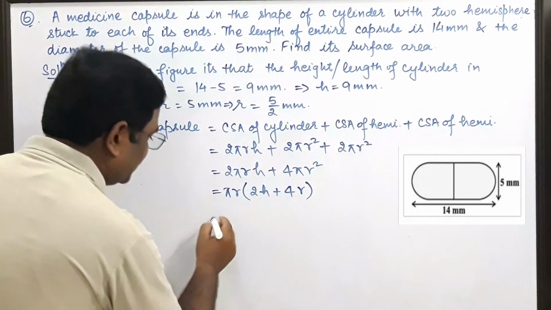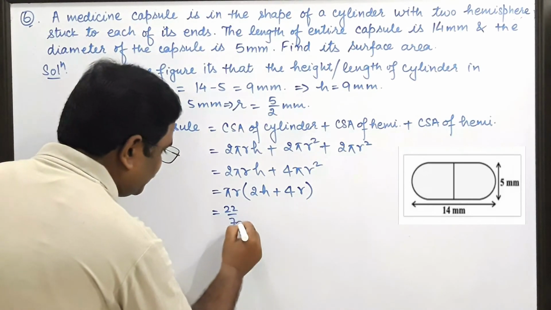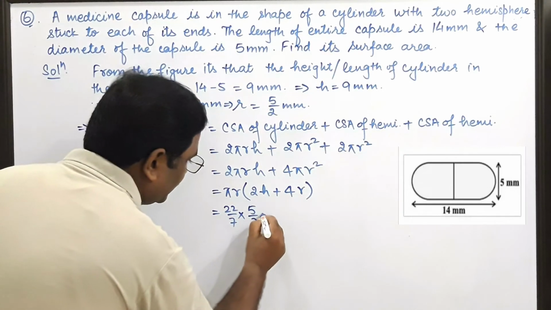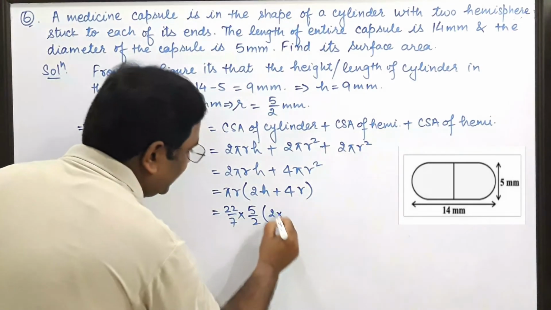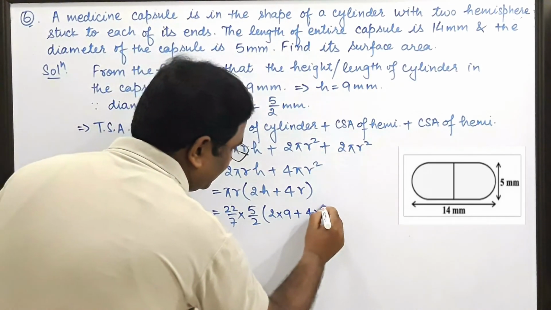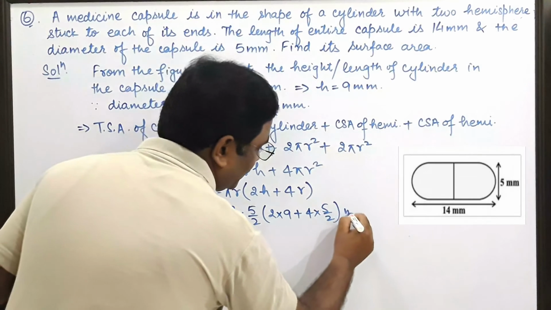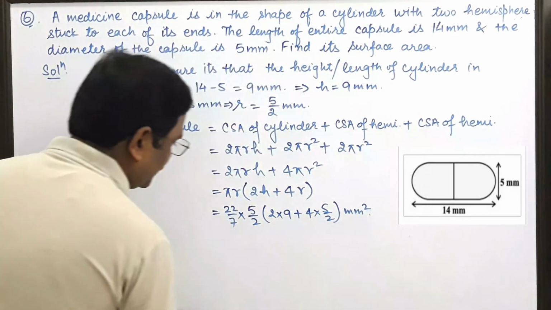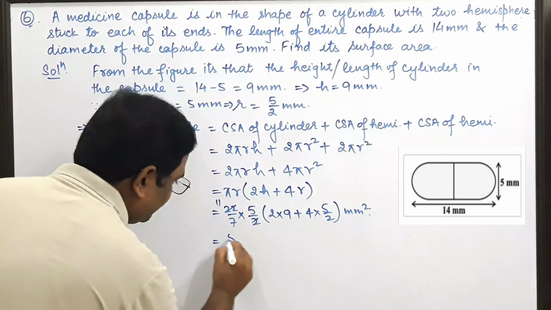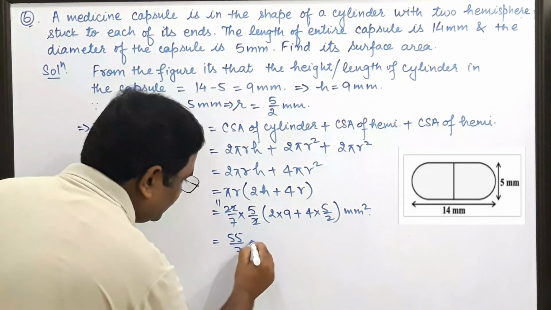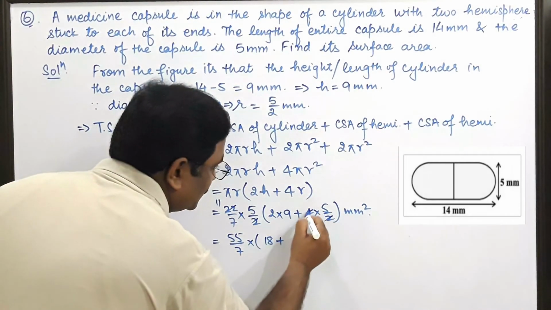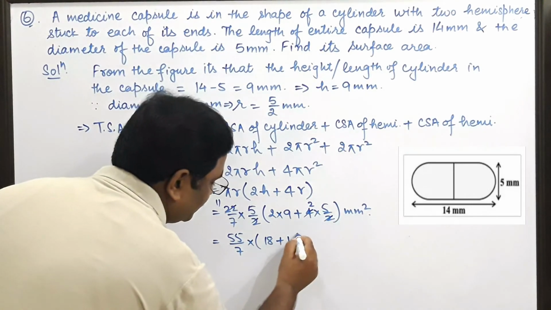So let us simplify it. Value of pi is 22 upon 7, radius is 5 by 2 into 2 multiplied by height 9 plus 4 multiplied by 5 by 2 millimeter square. So 2 11s are 11, 5s are 55 upon 7 multiplied by 9 2s are 18 plus 2 2s are 4, 5 2s are 10.